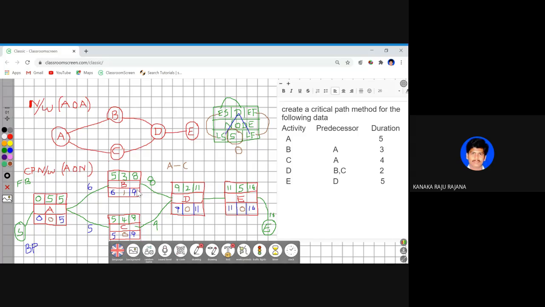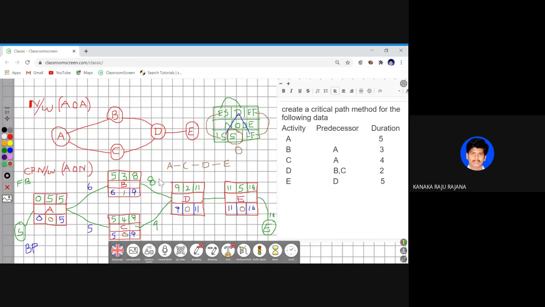Because the slack of B activity is 1. So we are going to identify the critical path. How to identify the critical path? Wherever the slack value is 0, take those activities only. From C, it enters into D. From D, it enters into E. Okay. So this is the critical path of your entire project.